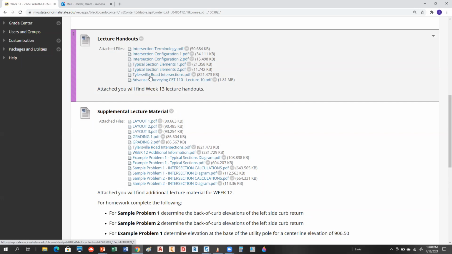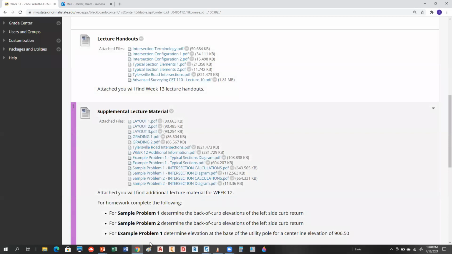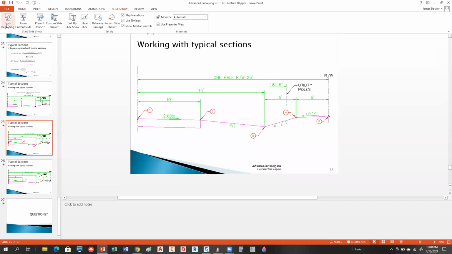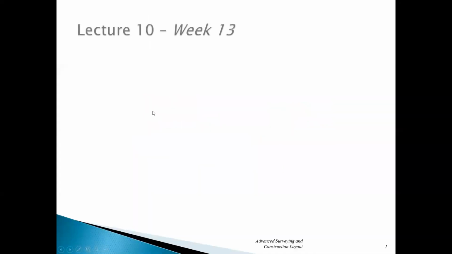We're going to take a look at this Tylersville Road intersection because they're really busy. But we're going to lay one out, which is kind of neat to see how this is done. It's really no different, but when you have two intersecting things going on, then we've got to look at that. So let's jump into these. If you guys have any questions while we're going through this, please stop me, and we'll take a look at it.